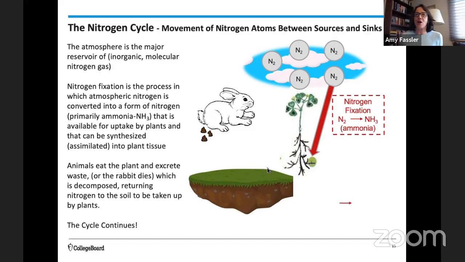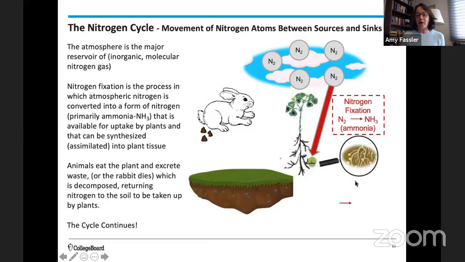But remember, it's not like the carbon cycle, where plants have this amazing ability, because they have these chloroplasts, to take inorganic carbon dioxide and convert it to a sugar. We'll look at that in a minute. It doesn't work that way with nitrogen. Plants can't just diffuse this nitrogen gas into their leaves and do that conversion.